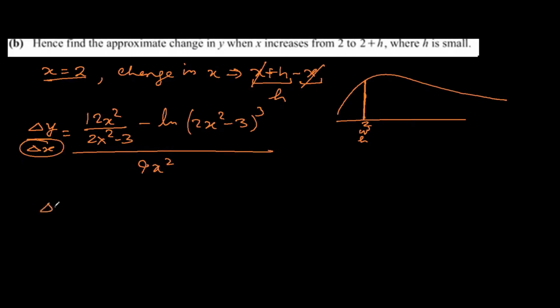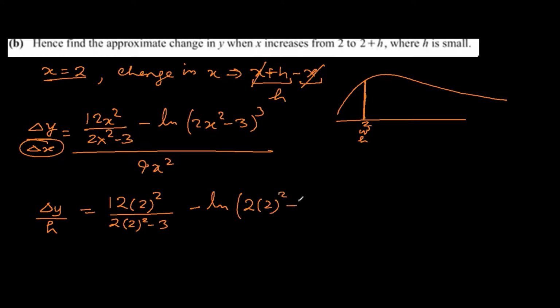So delta y equal to, delta x is h, equal to 12 times 2 square over 2 square minus 3 minus natural log 2 square minus 3 cube over 9 times 2 square. So let's do it part by part.